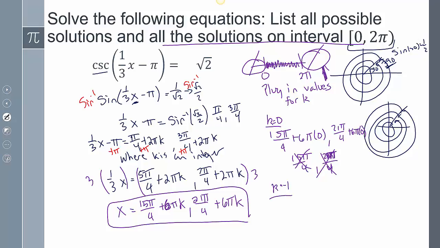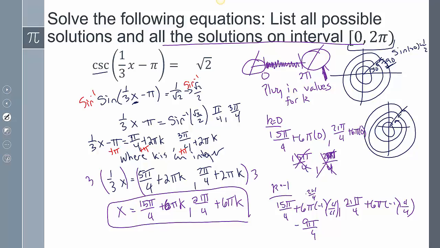So if I plug in k equals -1, I'm going to get 15 pi over 4 plus 6 pi times -1, and 21 pi over 4 plus 6 pi times -1. Now having done that, common denominator, 4 over 4, 4 over 4. Now simplifying that, this gives me -24 pi over 4, so that gives me -9 pi over 4.